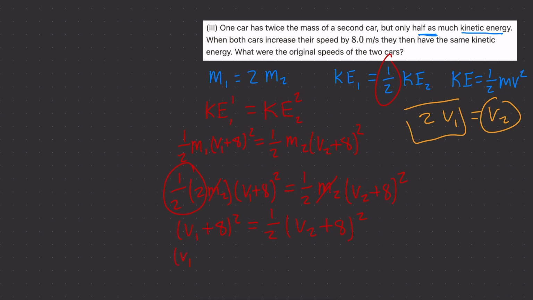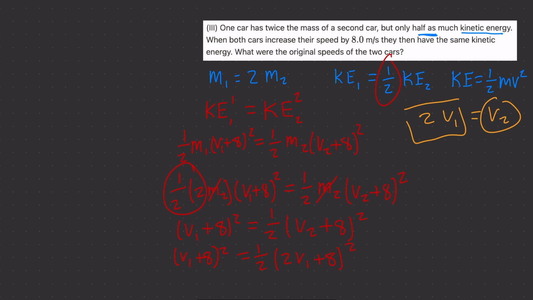It's going to be V1 plus 8 squared is equal to 1/2, and this is going to be 2V1 plus 8 squared. All right, this is great so far.